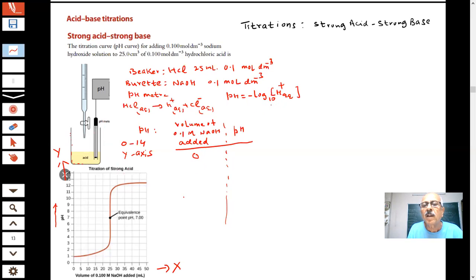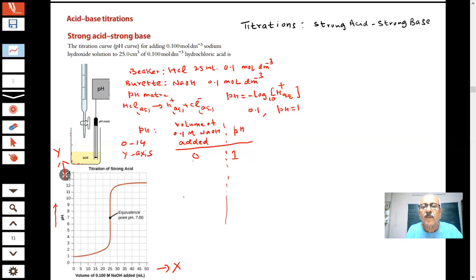This is the formula. If it is 0.1, then the minus log of this gives pH equal to 1. So you are starting with pH equal to 1. The stronger the acid, the lesser the pH.